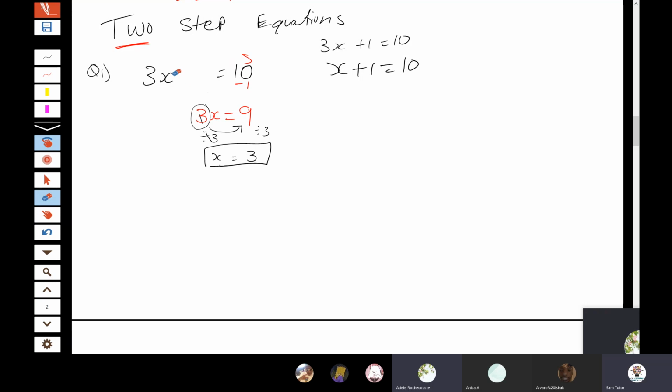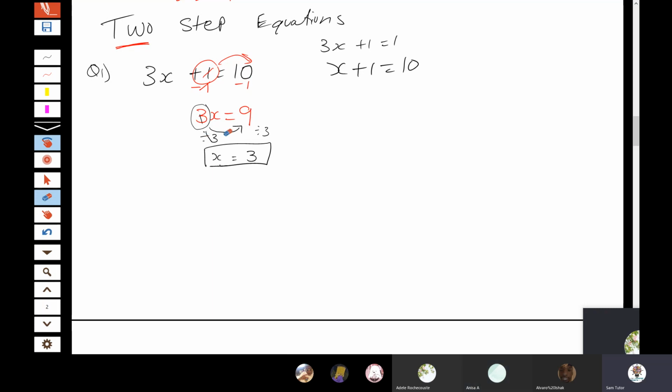Well, no, on this left side, I'm talking about left. 3x. So that's why when I got rid of the plus 1, you're left with what on the left-hand side? 3x. That's why we were trying to do crossing out before. So you got rid of it and you're left with this. 3x equals 10, take away 1, 9.